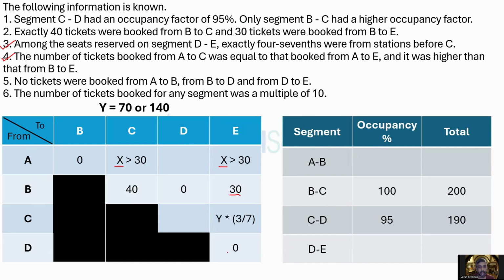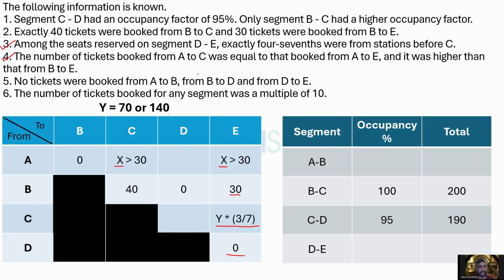So no one is traveling from D to E. So 3/7 of the people in the train from D to E have booked their tickets from C to E. So I have considered Y as the total number of people inside the train during the segment between D to E, 3/7 of whom have booked their ticket from C to E. That's what I have made a note of here.